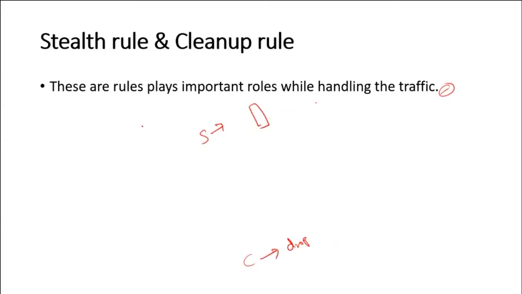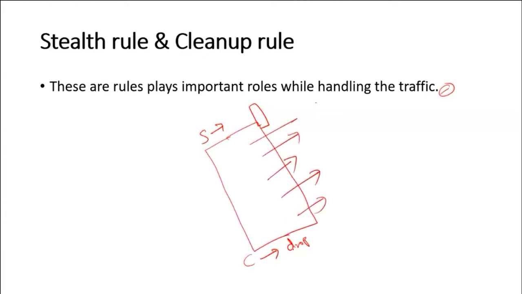As per the requirements we get from the users and others, we have to enable the rules between the stealth rule and the cleanup rule. Whatever rules we write in the firewall go in between the stealth rule and the cleanup rule.